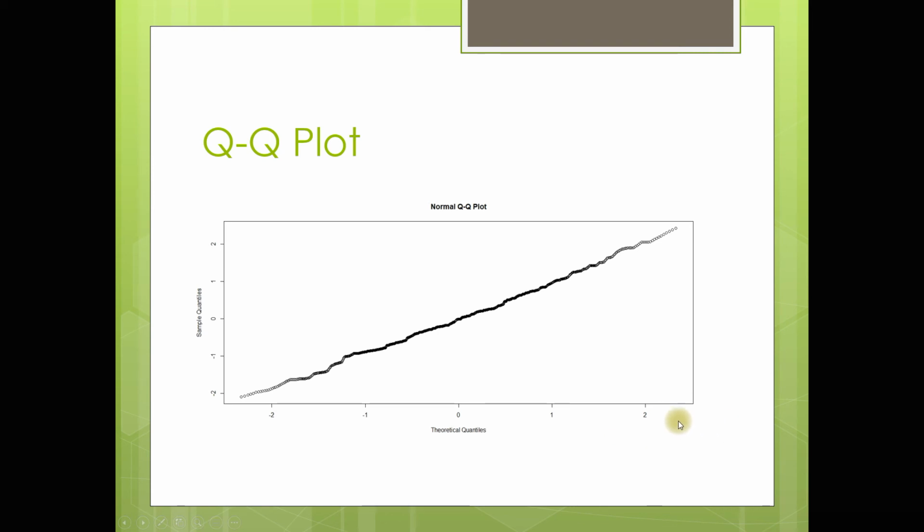Obviously, this is a standard normal distribution. And then you have the case of the different quantiles plotted. You just need to check the first quartile. Let's suppose you are looking for the 10% quantile from the data.